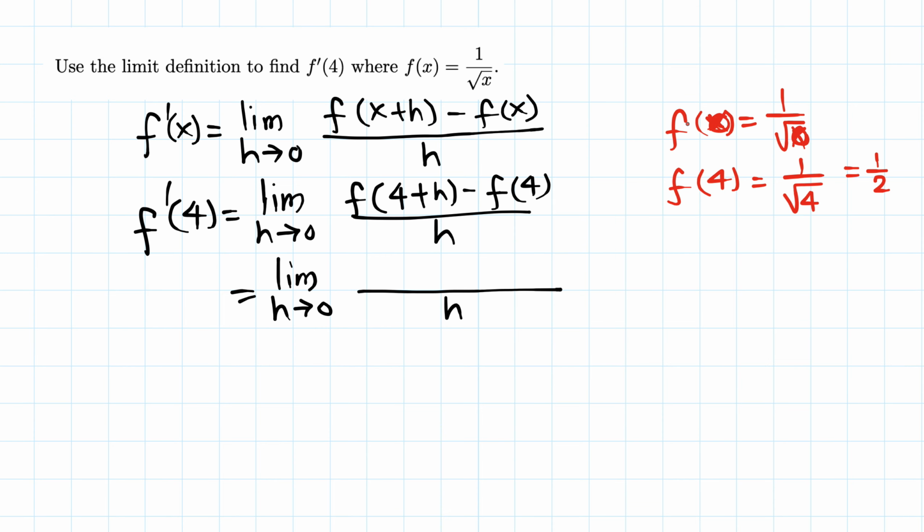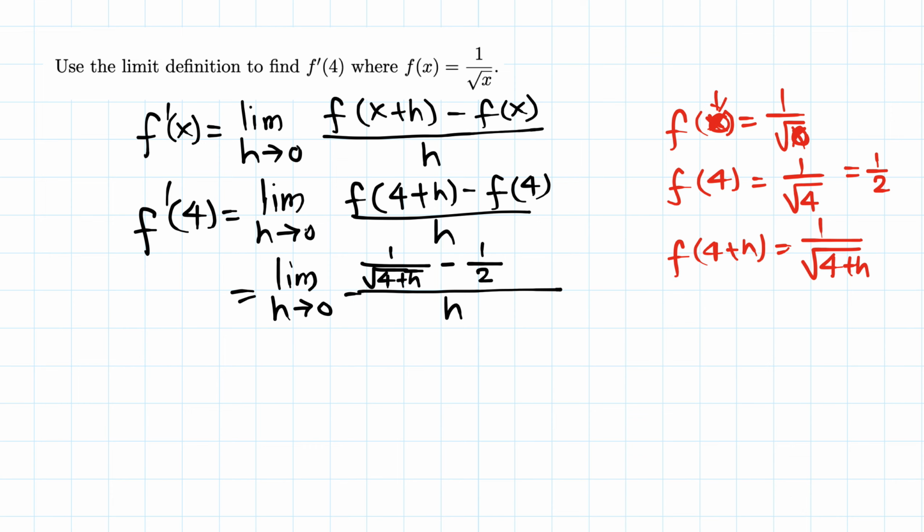So for f of 4 plus h, we replace this by 4 plus h, and that would be 1 over square root of 4 plus h. Now we write this as 1 over square root of 4 plus h minus 1 over square root of 4, which is 2.